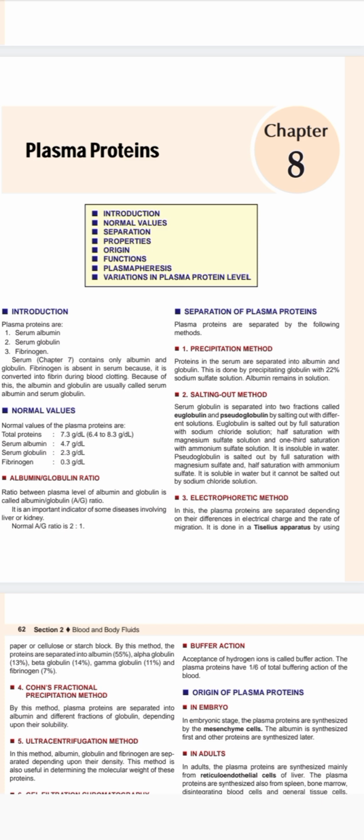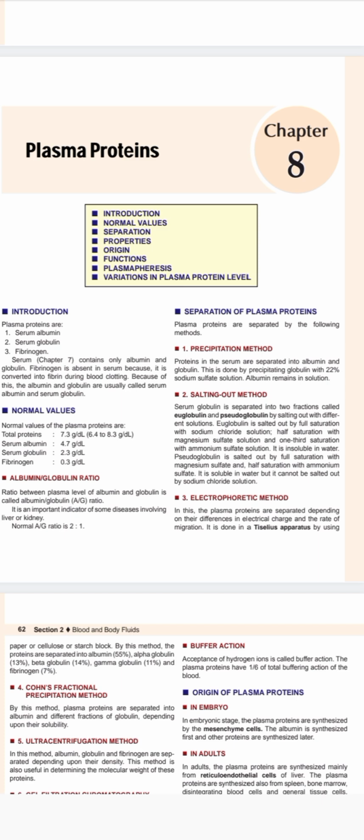Here albumin, globulin and fibrinogen are separated and their molecular weight is also determined.